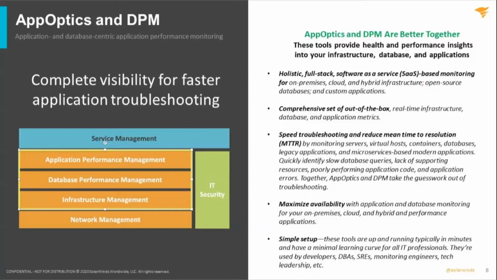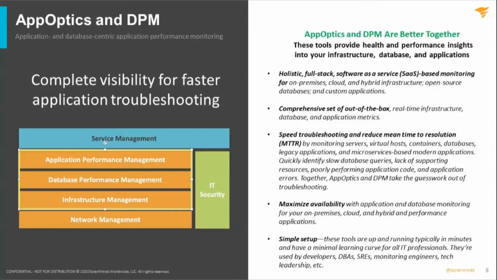But being able to take that perspective, and the other thing Jared just said about AppOptics, for that application, for that set of services, is going to call out an issue. But what about all the other databases or all the other applications that are hitting a specific database? How can that be potentially impacting?